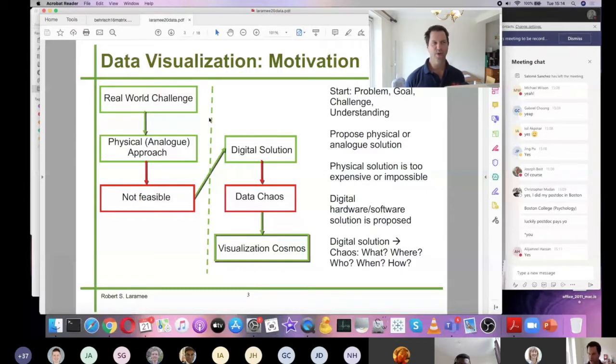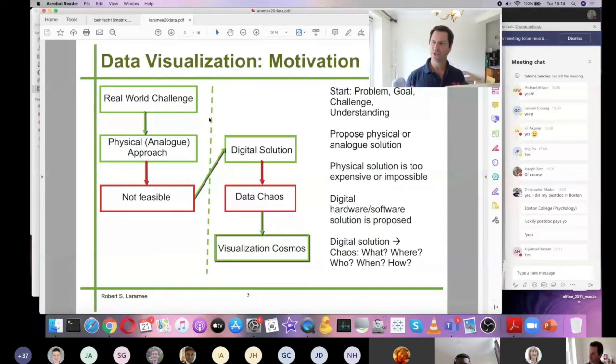And at some point it becomes so large and so complicated and such high dimensional data that it creates chaos. We suddenly see that there's a gap between our ability to collect data and our ability to extract meaningful information and utility from the data.